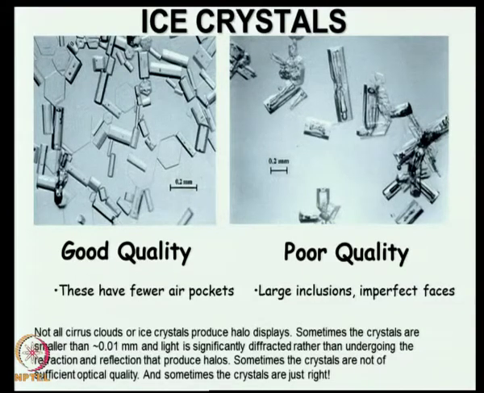So far we have looked at liquid droplets. The advantage of liquid droplets is that they are spherical in shape most of the time, and only very large droplets lose their shape and become slightly distorted, but most of the time because of surface tension they maintain their spherical shape. But when it comes to ice particles which are solid, not liquid, they come in a large number of shapes, hexagons and plates.